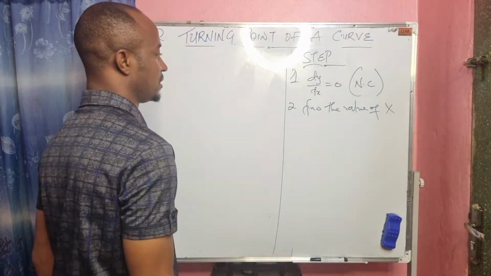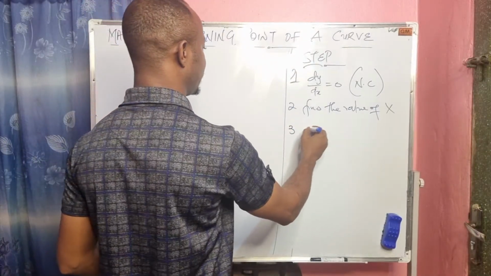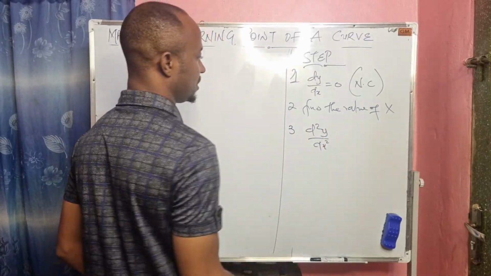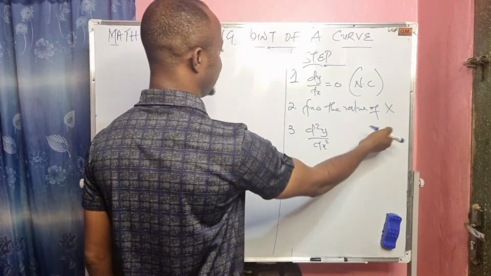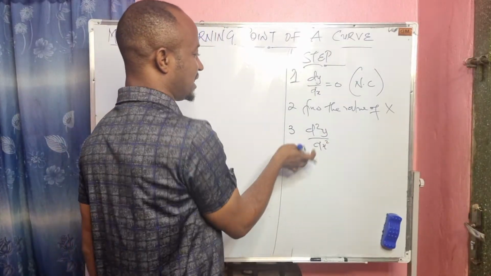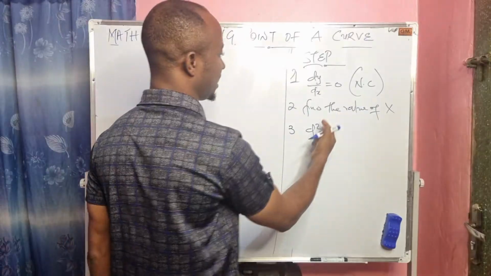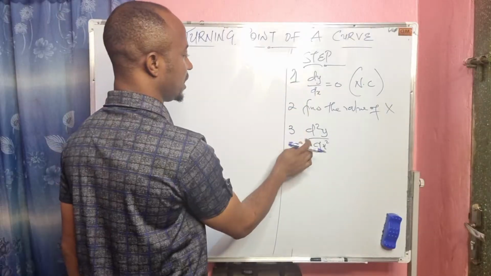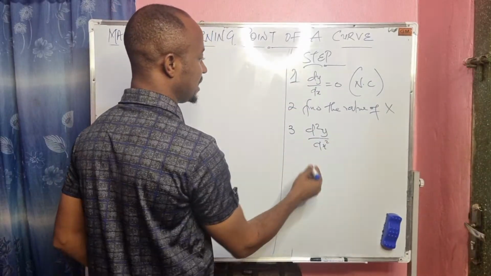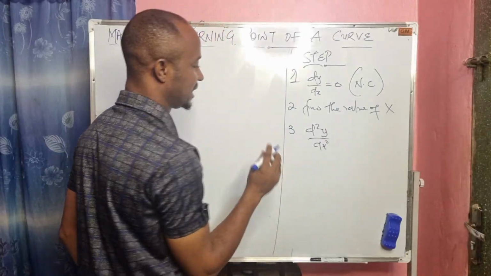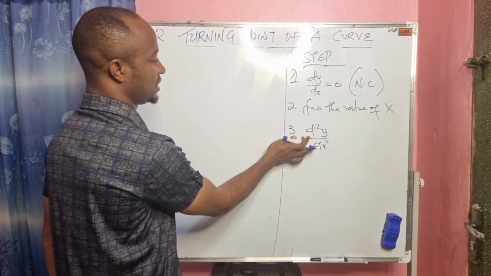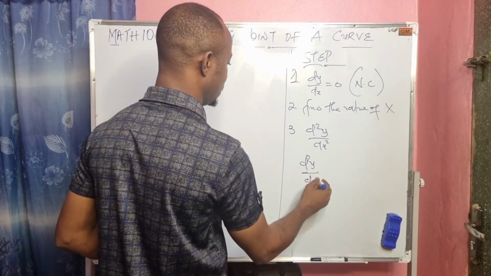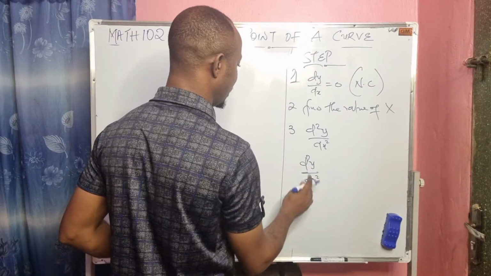Don't forget. Then number 3, we have to find the second derivative, d2y/dx squared. When we find this, we substitute the value of x we got. We test for this by putting the value of x we got in the second step into our d2y/dx squared.